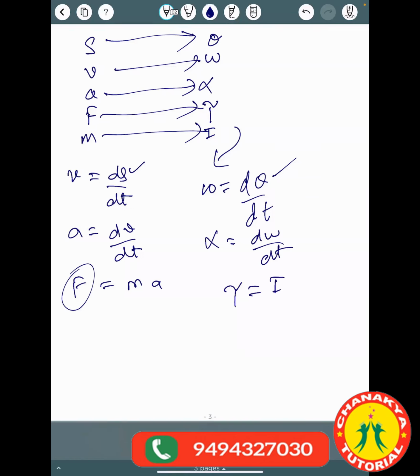Mass will be I, a will be alpha. What are you saying, Xavier? No, sir, I mistook that for work done.